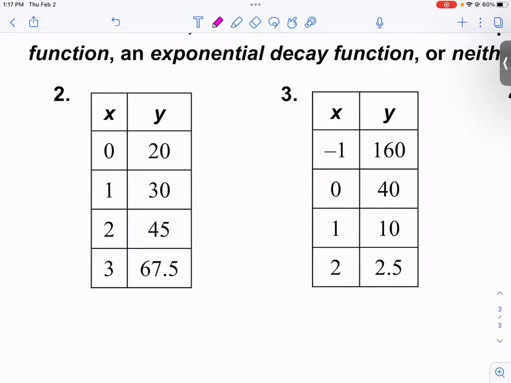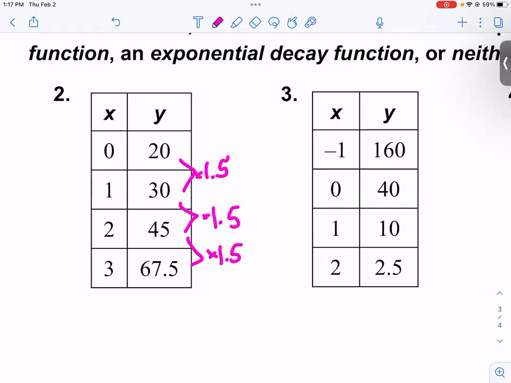Okay. Red table, what'd you guys talk about? Oh, 1/2. 1.5. Okay, so this one we're being multiplied by 1.5. What about the second one?